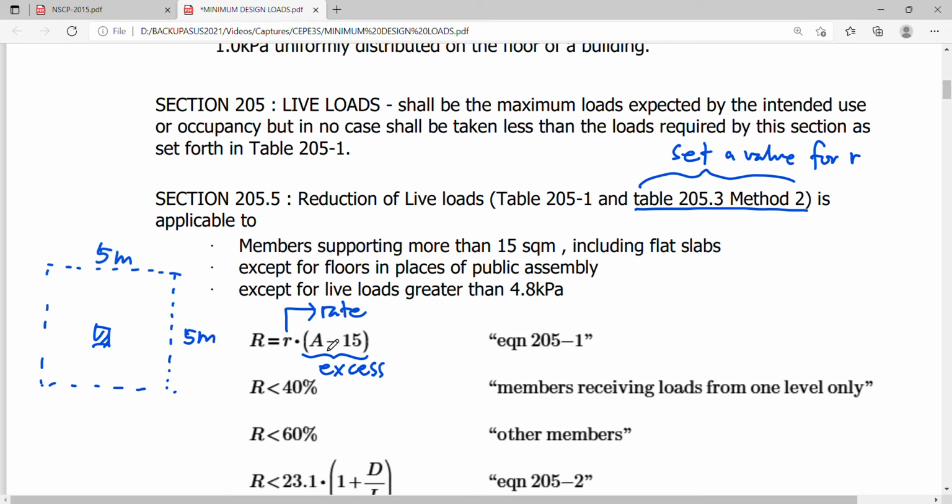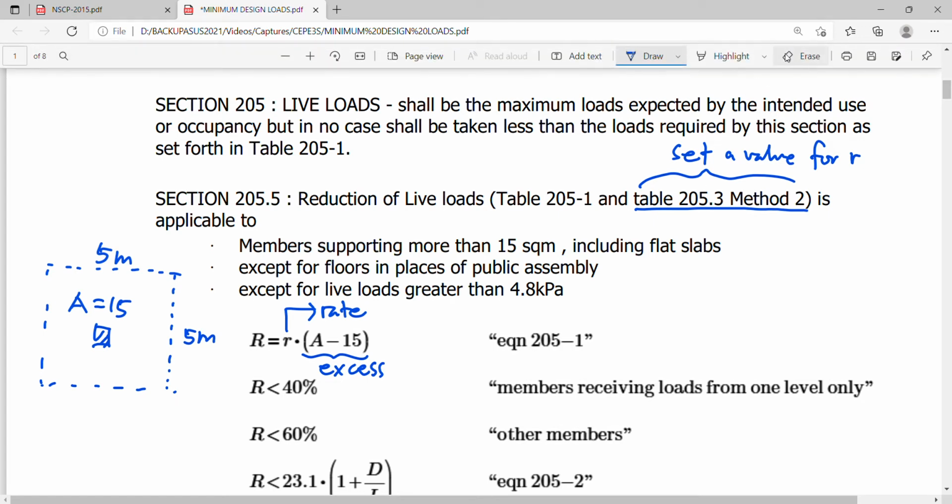So the area here that is being considered is simply 5 times 5, which is 25, sorry, square meter.